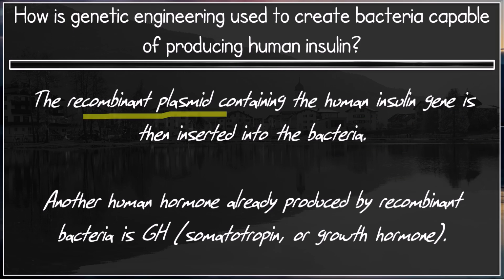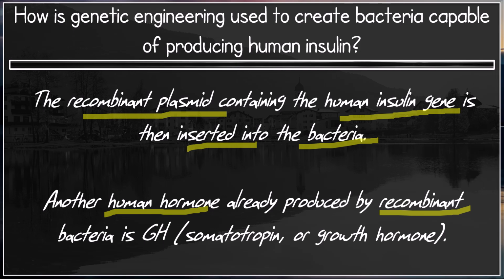The recombinant plasmid containing the human insulin gene is then inserted into the bacteria. Another human hormone already produced by recombinant bacteria is GH, or somatotrophic or growth hormone.